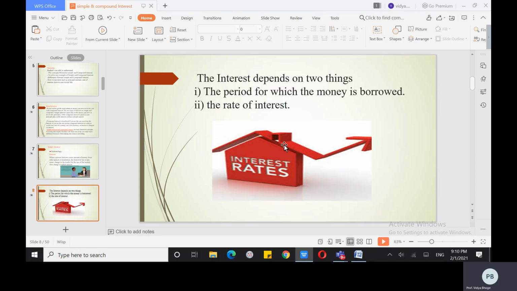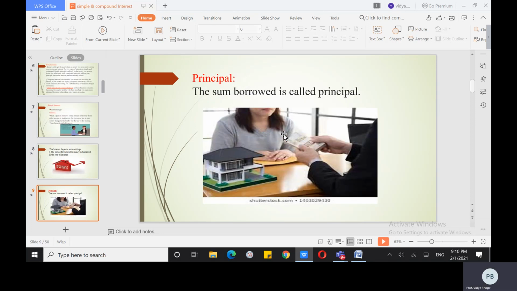Now this interest depends on two things. First is the period for which the money is borrowed, and second is the rate of interest. Now, principal amount means what? The sum borrowed is called the principal, meaning any person takes money from other institutions or persons as a loan.